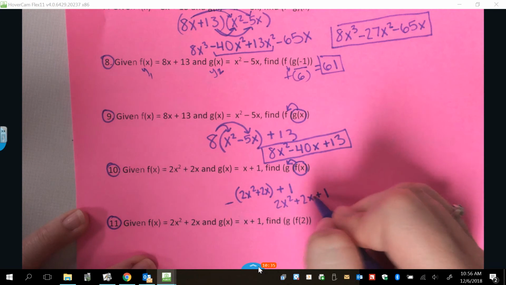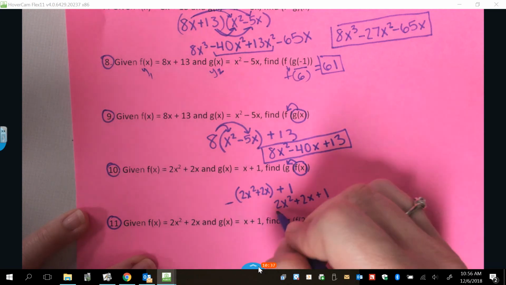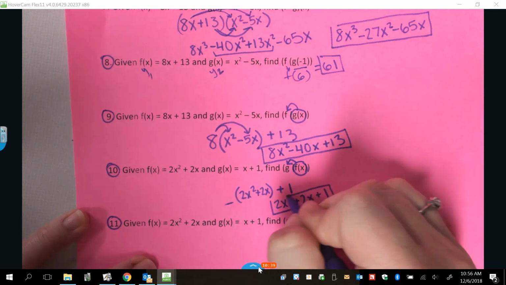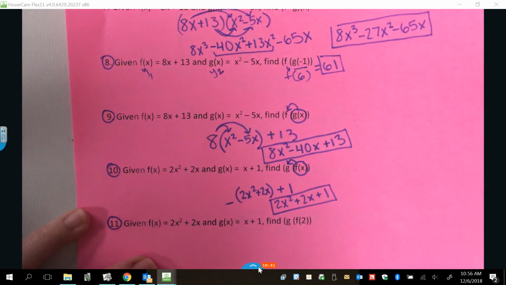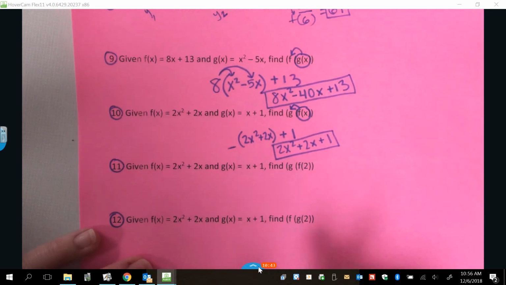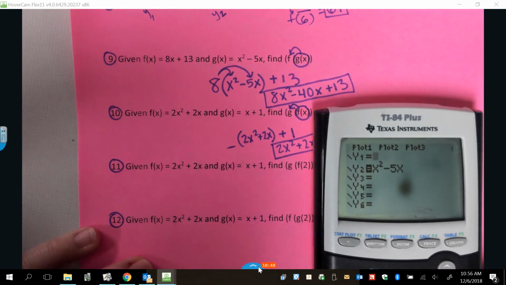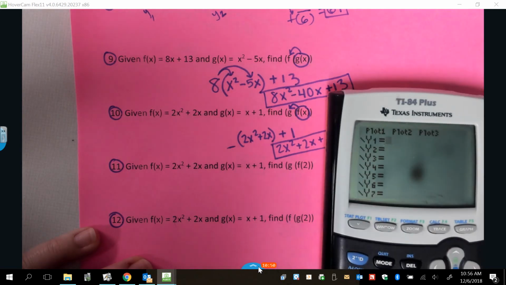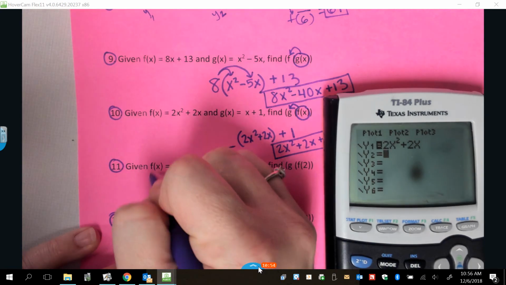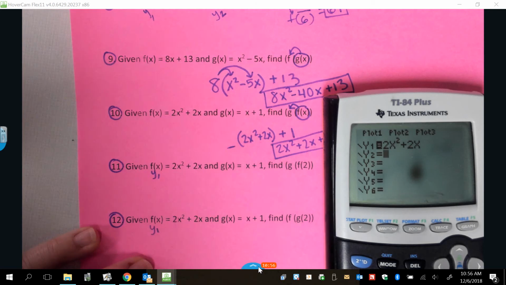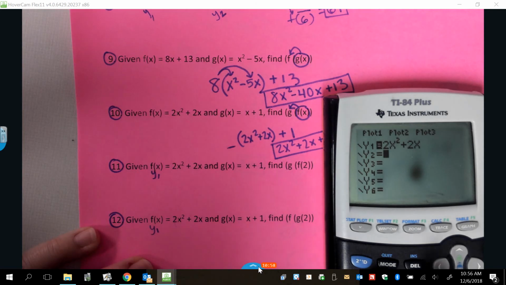None of them are like terms, so that is my solution. Now these two I can type in my calculator. I get 2x squared plus 2x, that's in y1, and in y2 I'm going to get x plus 1.